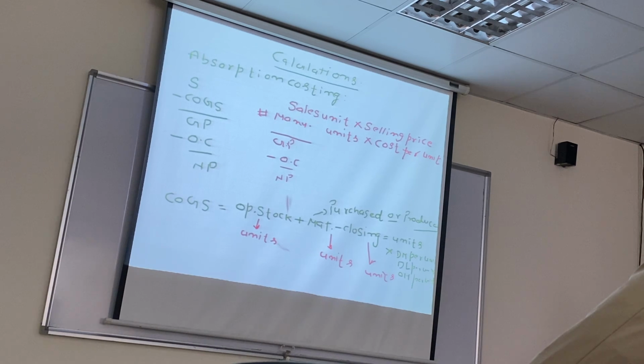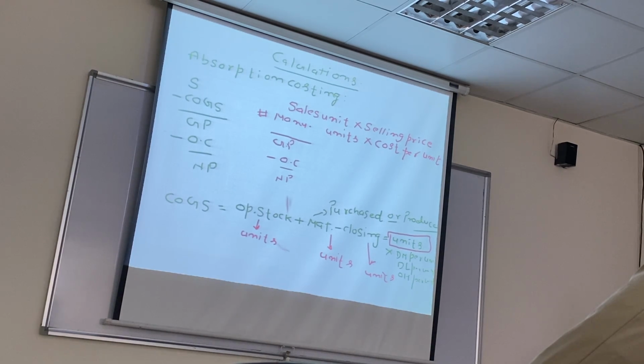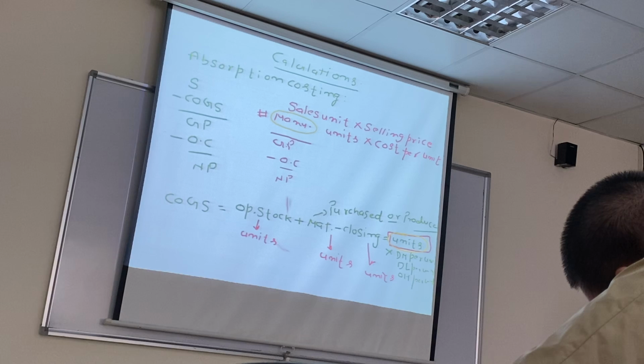So you got manufacturing units. This one. Manufacturing units. That's manufacturing units. Right? Now you got units multiplied by cost per unit.